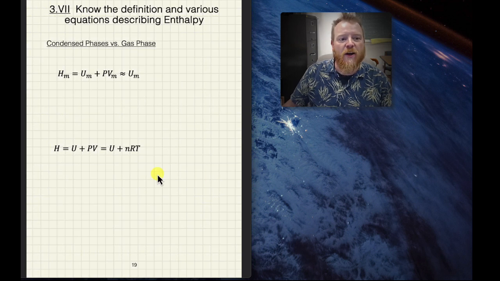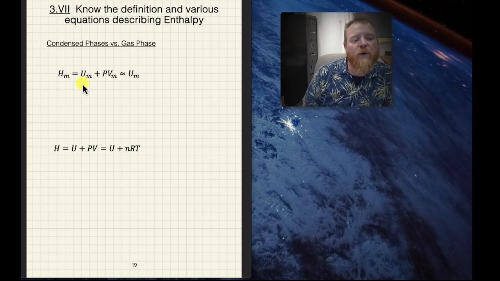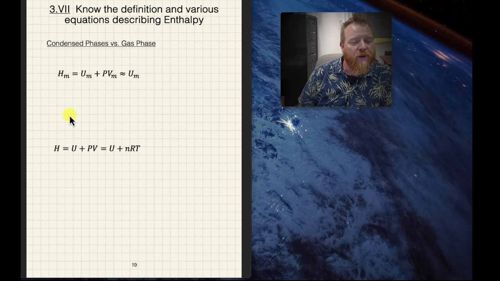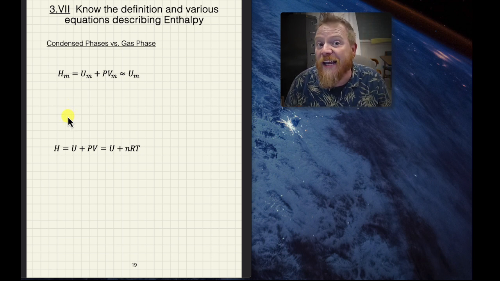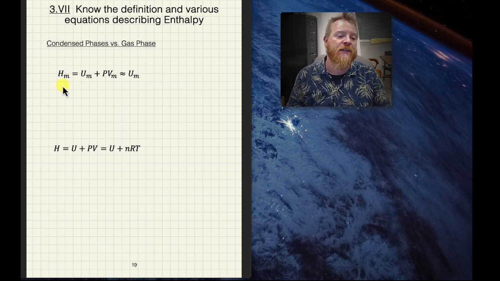So let's talk about condensed phases versus gas phase for enthalpy changes. Remember, we set up this scenario with the idea that we're heating some liquid or perhaps some solid, and most of those materials will expand when they're heated.